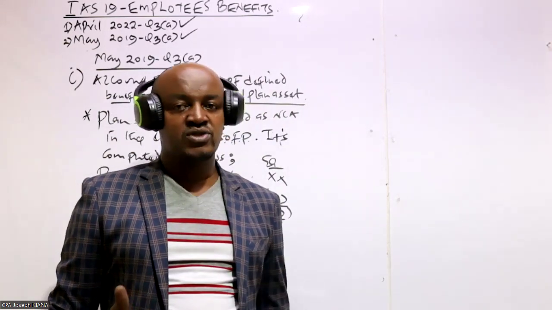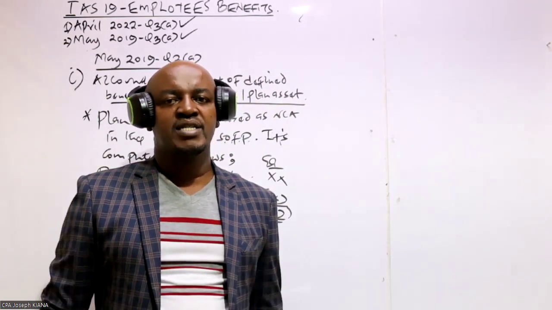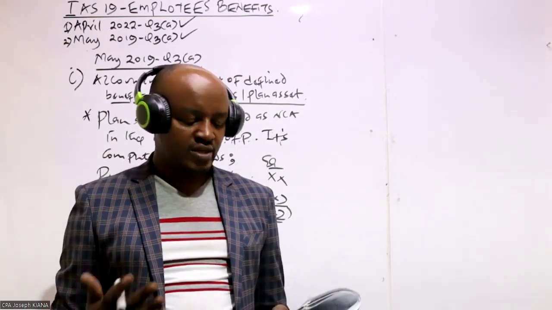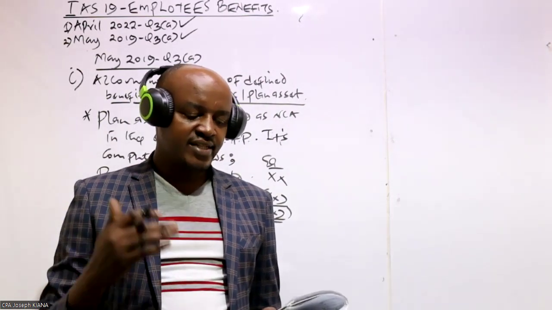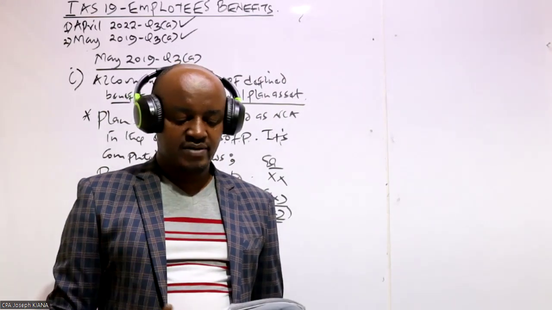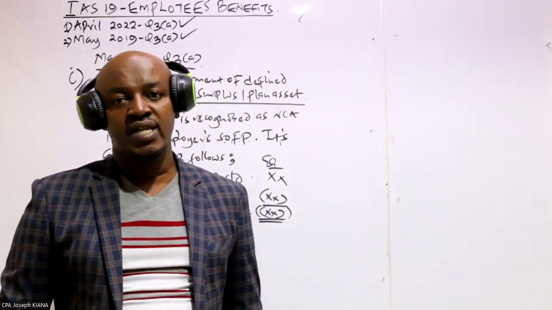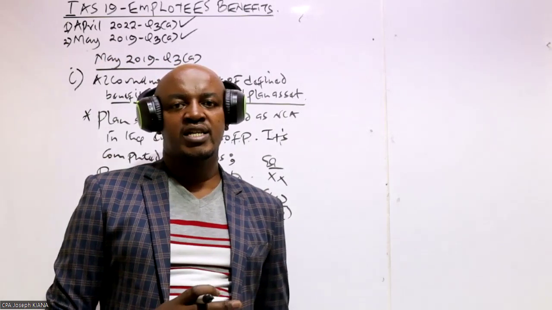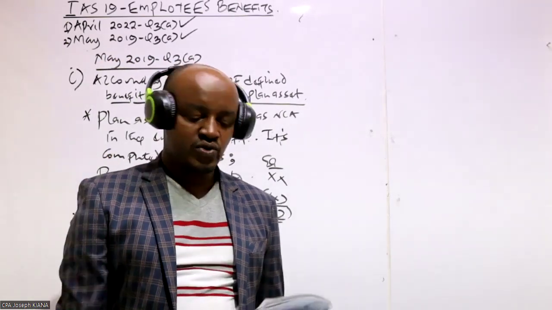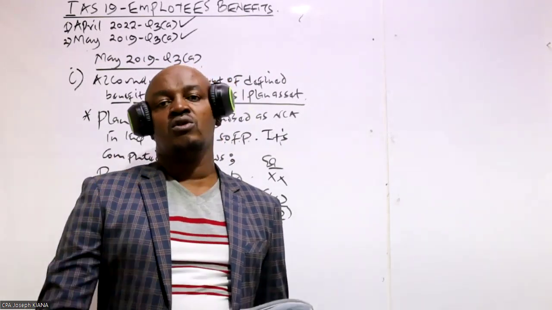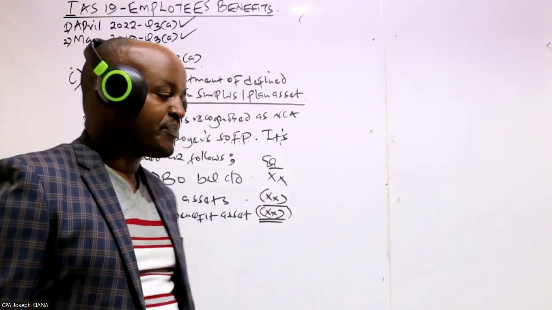So in this case, we are required to determine, or basically to compute, the 3 items which must be recognized in the financial statements of the employer as far as the defined benefit pension plan is concerned. The three items include the net pension cost, the net actuarial gain or loss, and also the net defined benefit obligation or asset as at the end of the year.